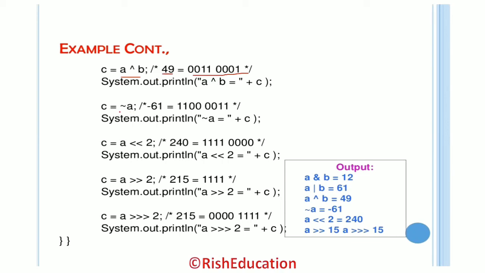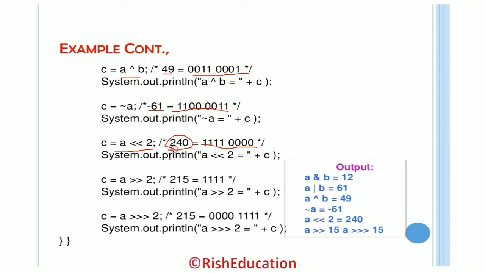Next, if we invert the value of A, then it will produce the value minus 61. So it is a negative integer. The binary code for this one is 11000011. If we use the left shift operator by 2, that means A left shift by 2, then it will produce 11110000, and the result is 240.